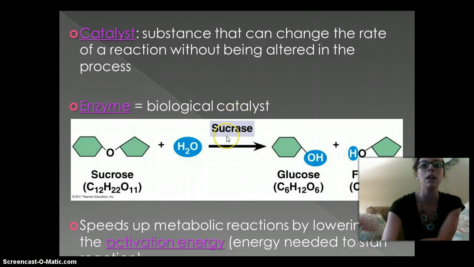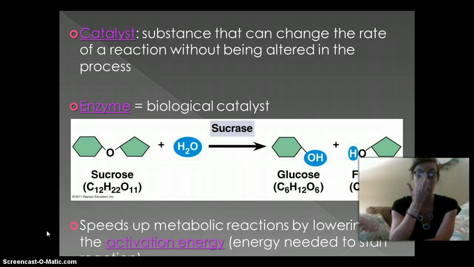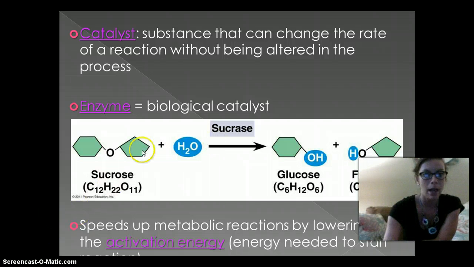So if you see a word that ends in ASE, it is most likely going to be an enzyme. So sucrose, which is a sugar, is going to be broken down by sucrase. You can see here, sucrase is going to speed up the chemical reaction and form glucose and fructose.